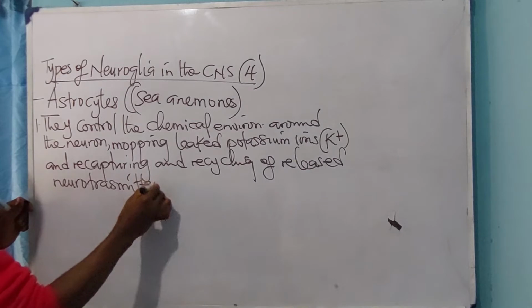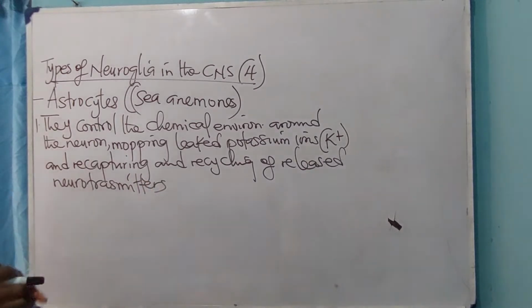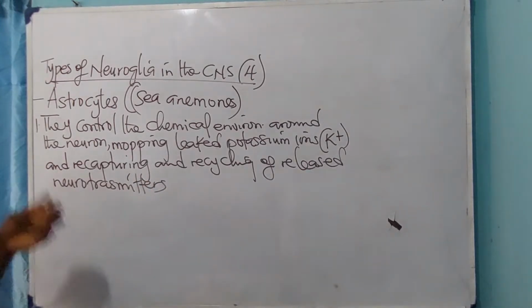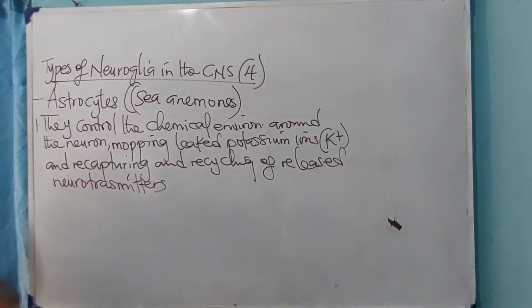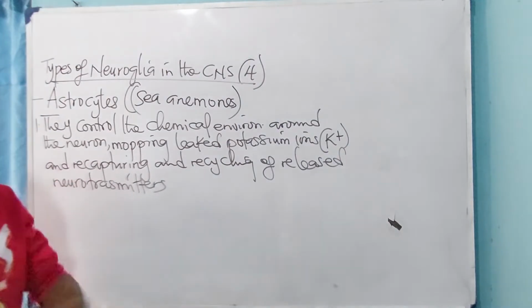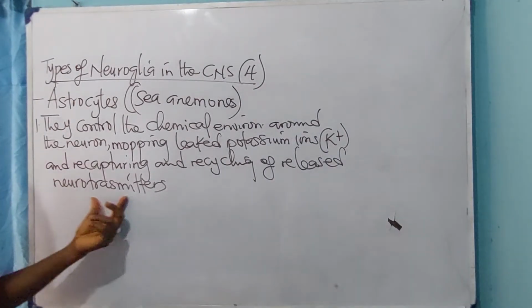Which means that they control the chemical environment around the neuron, and that is one. And they mop leaked potassium ions, recapturing and recycling released neurotransmitters.